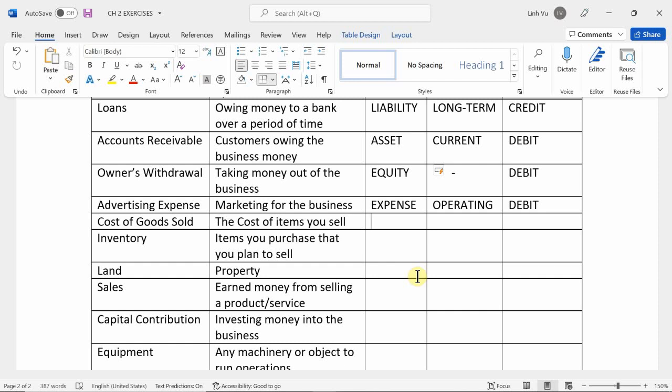No, because how does the cost of my items sold affect the value of my company? It is an expense. Because in this case, I need to figure out how much it costs me to get rid of my inventory. So in this case, what category would that belong to?